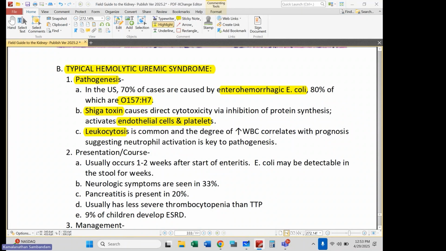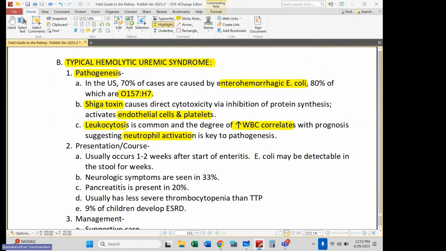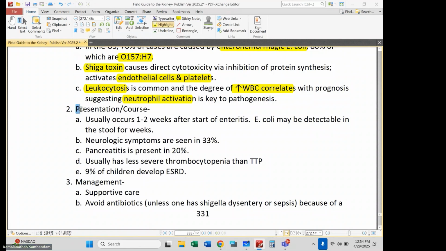There is often leukocytosis that's present, and there's a correlation of this leukocytosis with prognosis, suggesting that neutrophil activation is another part of the pathogenesis of typical HUS. HUS often occurs a couple of weeks after bloody diarrhea.